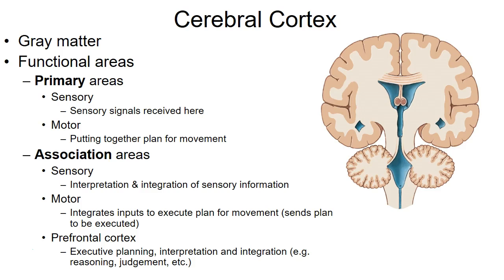So executive function. What do executive functions mean? That means the overall kind of dispersing of information, interpreting, integrating, and we're talking about reasoning and judgment, right? So higher order types of information is coming from this area.